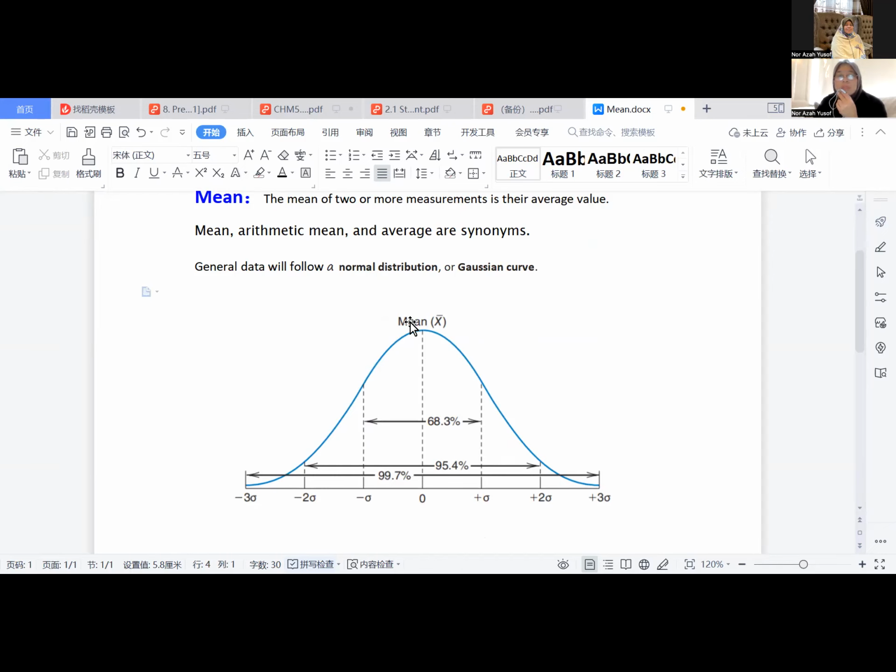The formula to calculate the mean, do you have it on screen? If you have it, show it to us. It's very easy. Okay, thank you, Zhao.